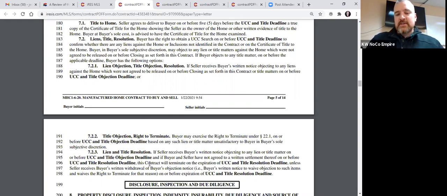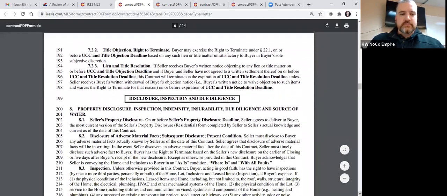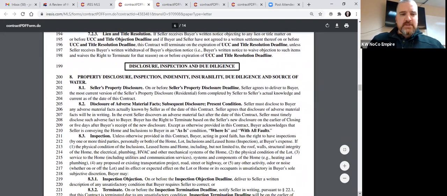And if there isn't, then the contract will terminate unless the buyer withdraws their objection. Okay. So even though this section is all new, it operates just the same as all of the other deadlines: inspection objection, termination, resolution, appraisal objection, appraisal resolution. They all operate in a similar fashion. Okay. Any questions on that piece?